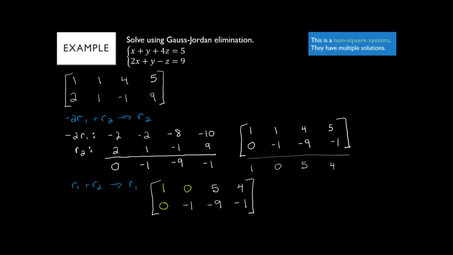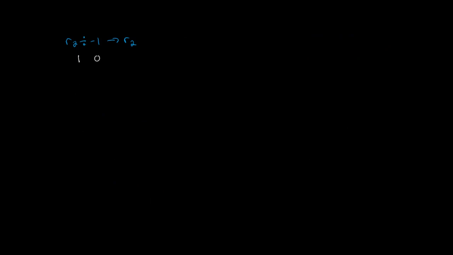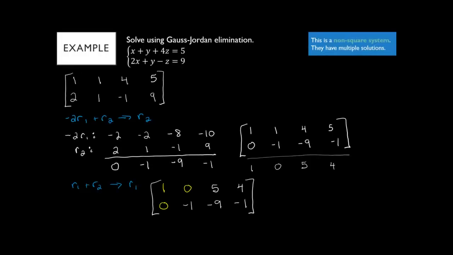Row 2 is divided by -1, and then I'm going to replace row 2 with that. So row 1 is 1, 0, 5, 4. And row 2 is now going to be 0, 1, 9, 1.